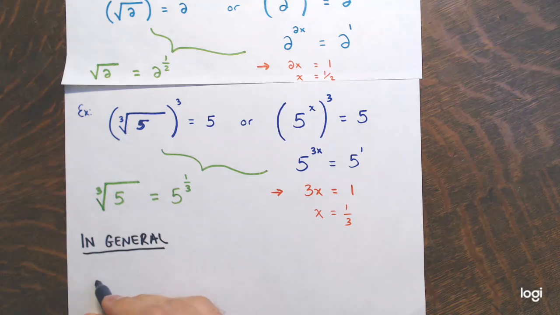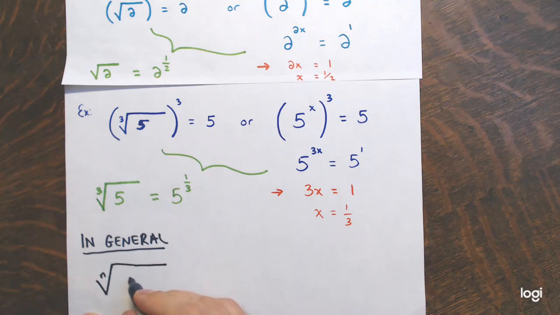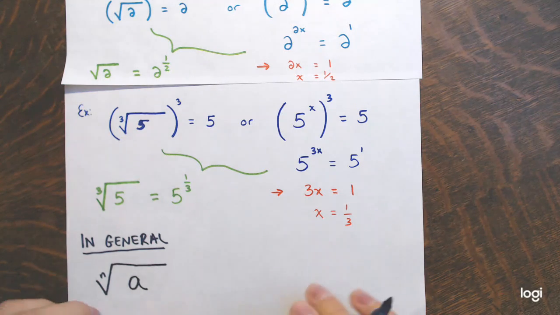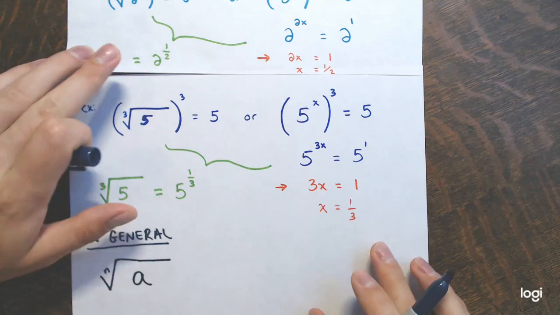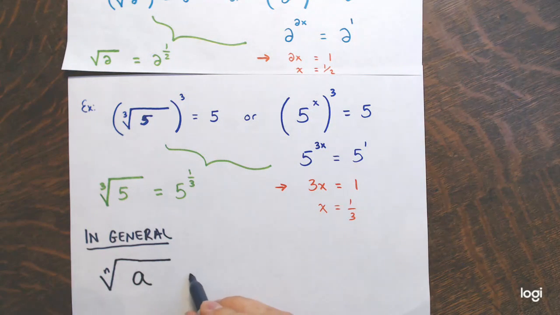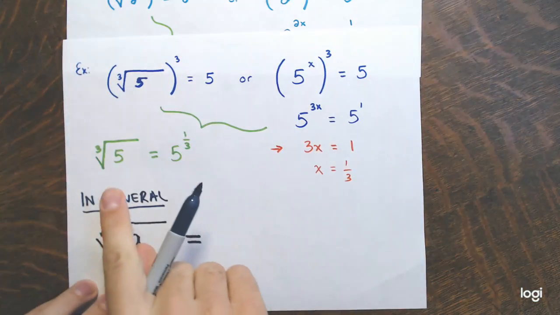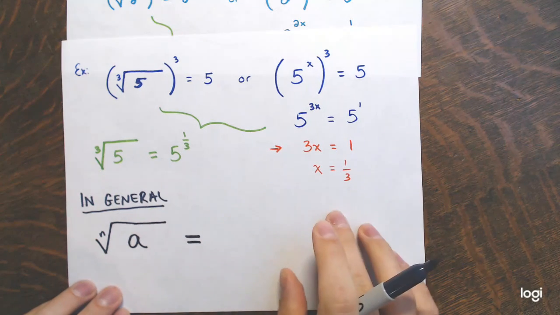So in general, the nth root, if I'm looking at a radical, the principal nth root of some number a, I'll use a lowercase a there like earlier, can be written in an equivalent way with an exponent, with a fraction exponent. So the radicand, as you saw, becomes the base.